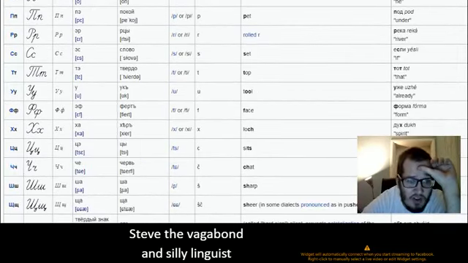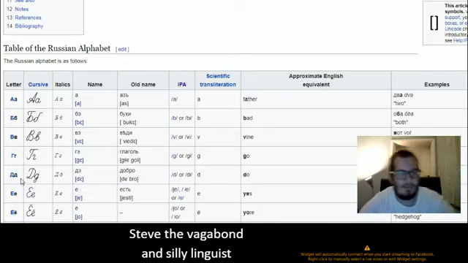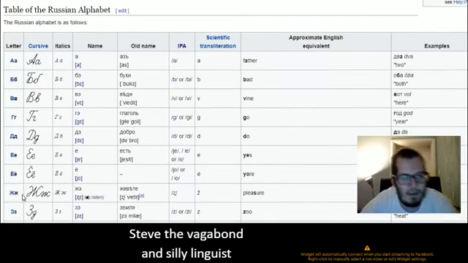Ch, because it looks like a chair. This bare bit of the ear is a b. This looks like a gun, g. This looks like a dome, d. This looks like a spider.